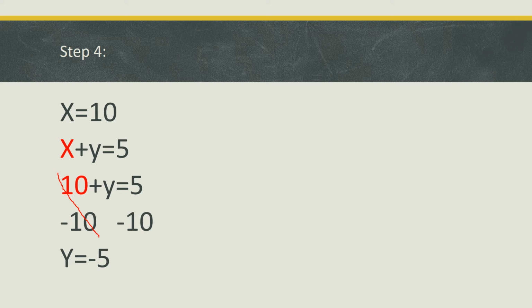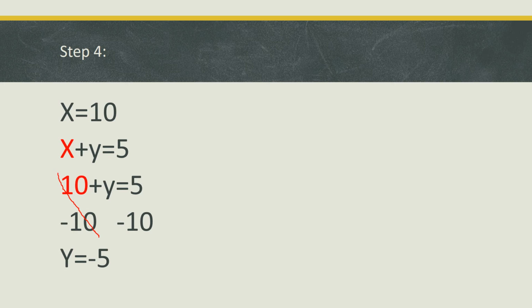So the solution to the system of equations, 2x plus 3y equals 5 and x plus y equals 5, is x equals 10 and y equals negative 5, which we write as a coordinate in the form of x, y.